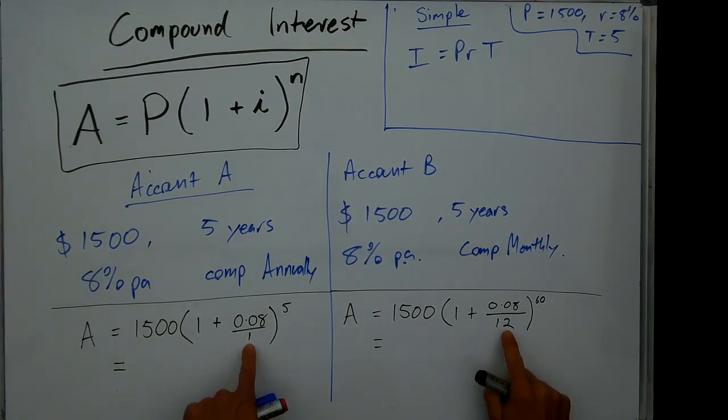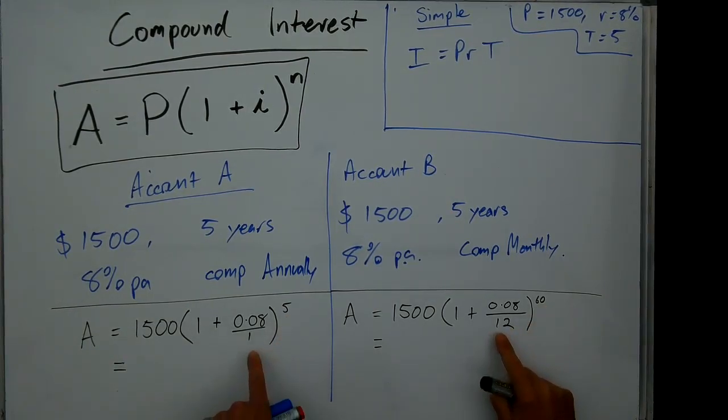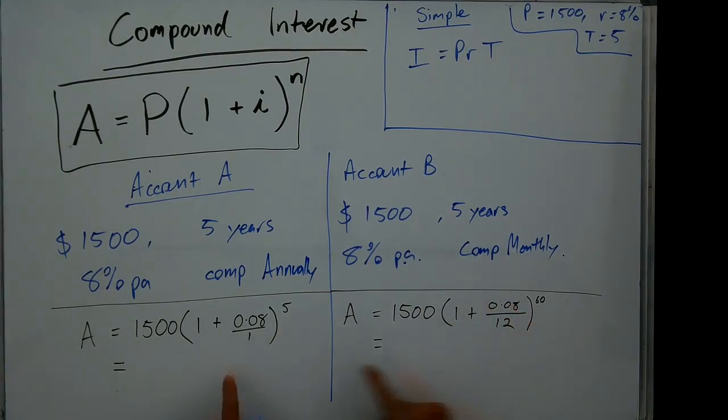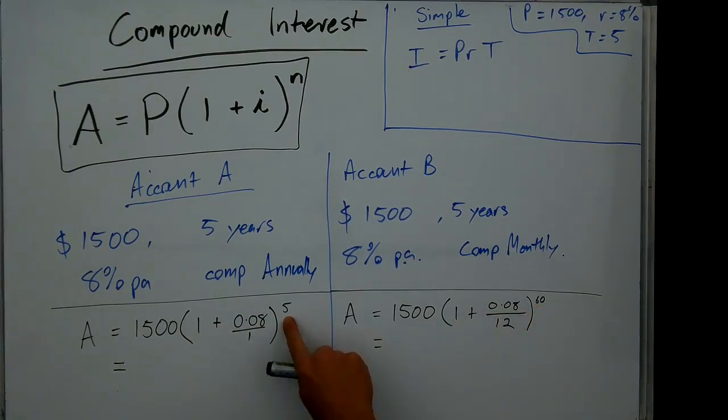So the number at the bottom of the fraction changes and the power changes. So this number in here is smaller than this number here. Because it's multiplied by itself 60 times compared to 5 times, I think we're going to end up with more money in this account. So the first one, 1,500, actually 1.08.